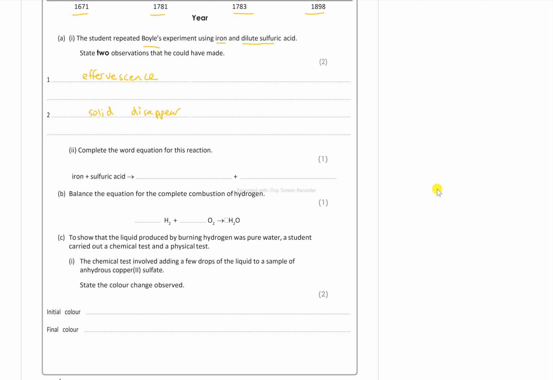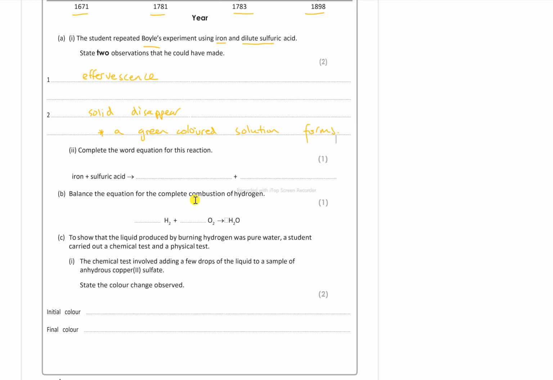They're also saying there will be a green solution. Green solution forms or colorless solution forms? Green solution forms.